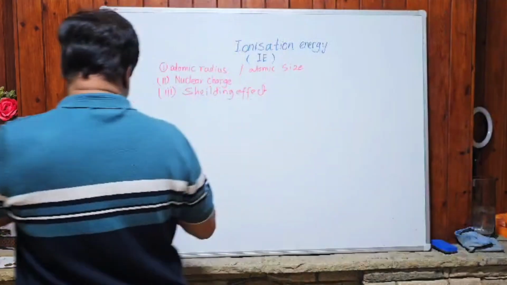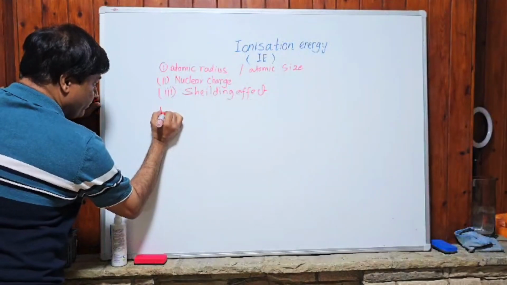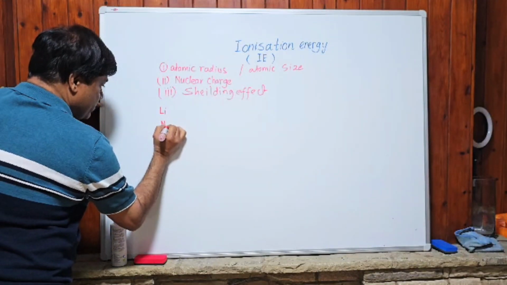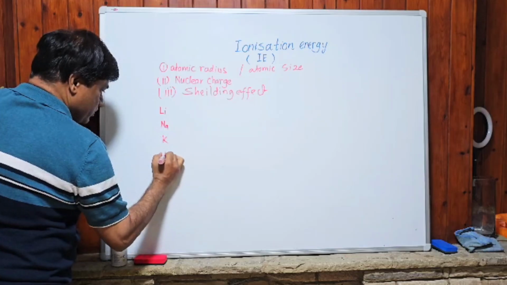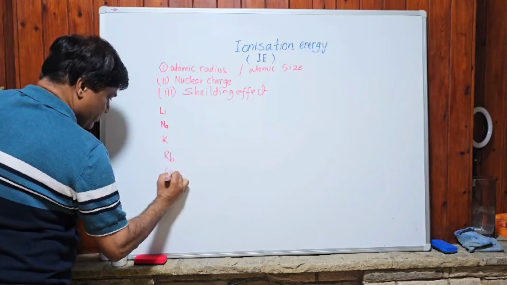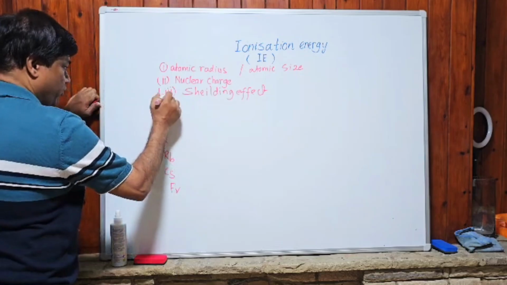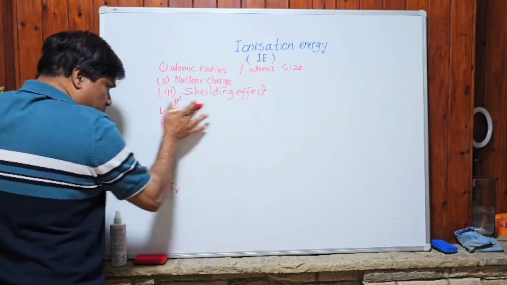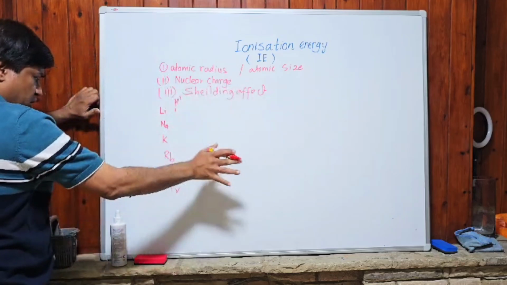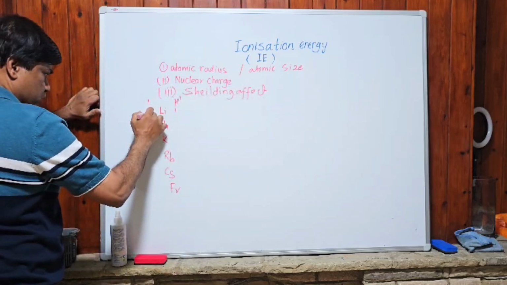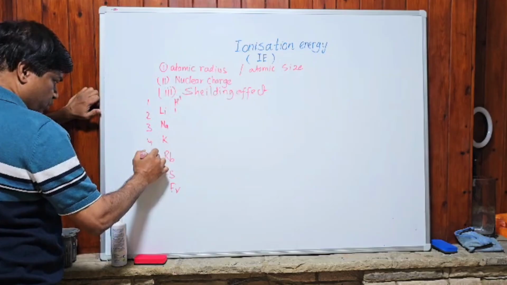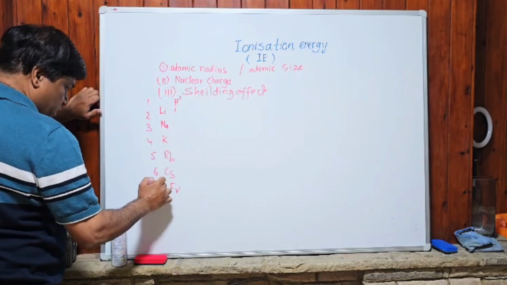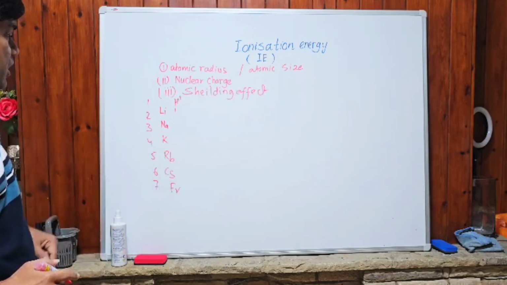Now, look at that. Lithium, sodium, potassium, rubidium, cesium, francium. We have hydrogen, 1H1. These are called periods. We have 7 periods: 1, 2, 3, 4, 5, 6, 7. 7 periods means 7 shells.